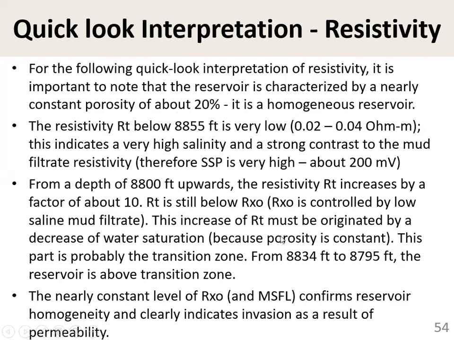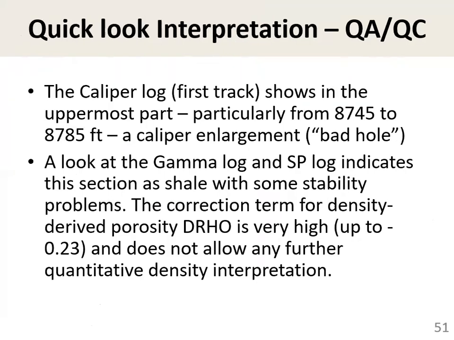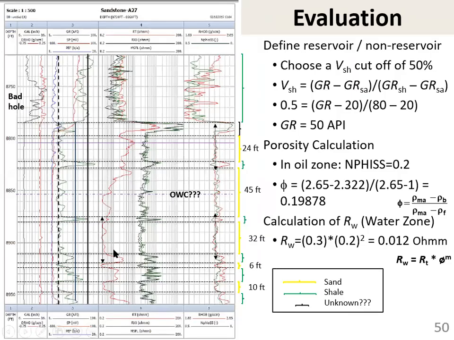This increase in true resistivity must have been caused by a decrease in water saturation because porosity is constant, so it's not a porosity effect. They also talked about the probability of a transition zone. The nearly constant level of the flush zone resistivity confirms reservoir homogeneity and indicates plenty of invasion as a result of permeability. I think that refers to this portion.